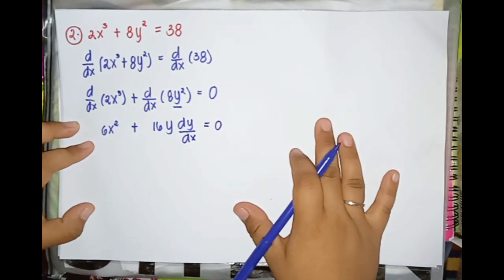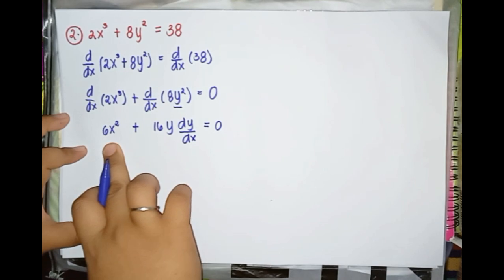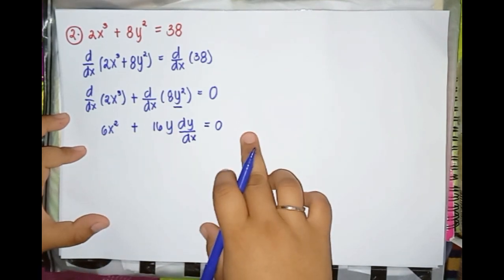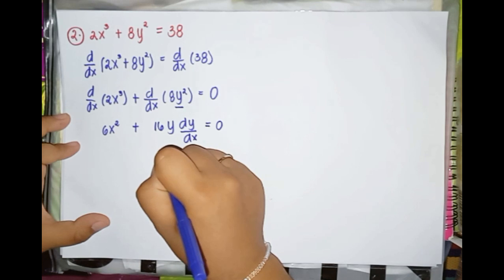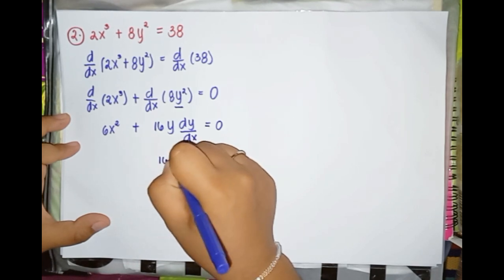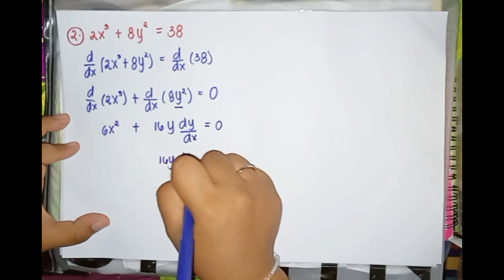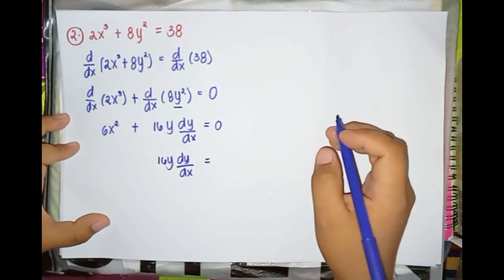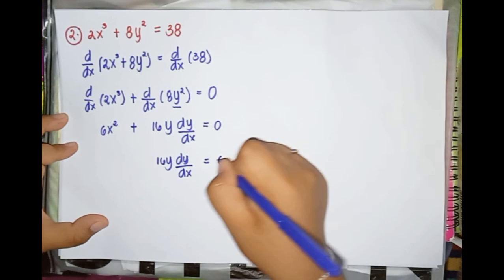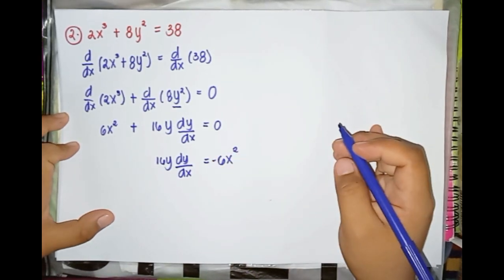So that derivative of the inside function would be, again, dy over dx, and equal to 0. Just like our first example, we are going to move to the other side the term without dy over dx on it. So we are left with 16y dy over dx is equal to negative 6x squared.